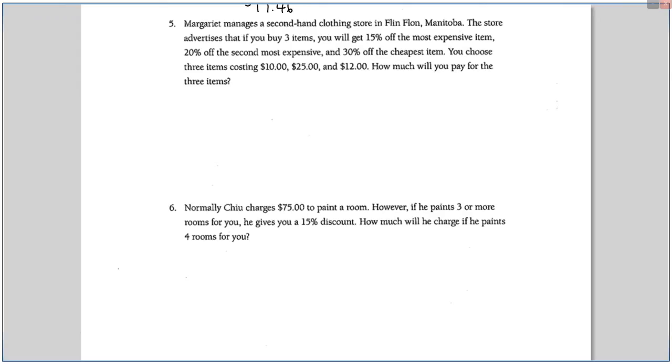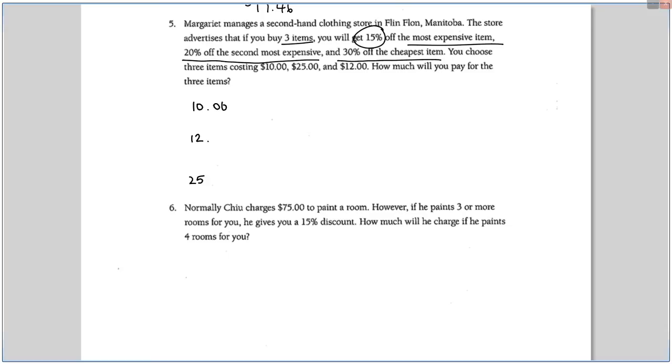Alright, so next one. The store advertises that if you buy 3 items, you get 15% off the most expensive item, 20% off the second most expensive, and 30% off the cheapest. So you choose 3 items. So let's just rank them in order of price.